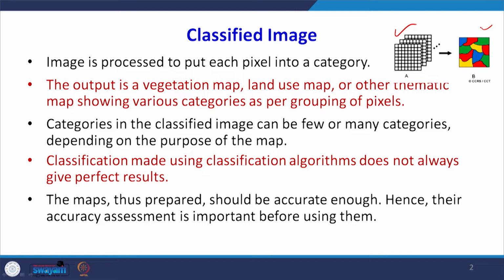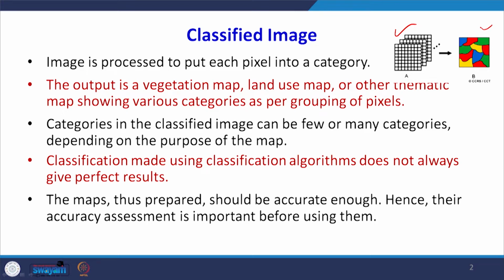Maps which we are using for some application purpose, for measurement purpose, or in GIS based analysis, should be very accurate maps. From a classification algorithm you will always get some kind of output, but whether that output is usable or not will be determined by the accuracy of the map.